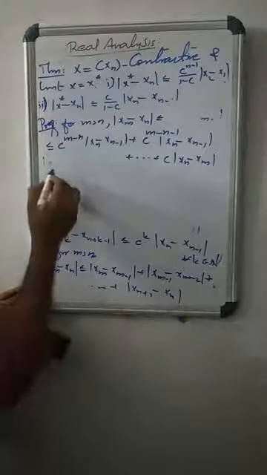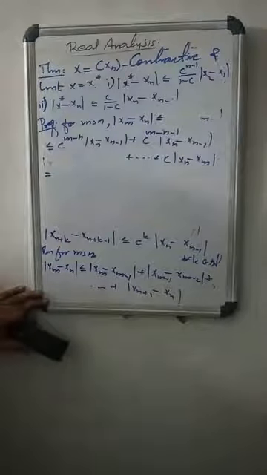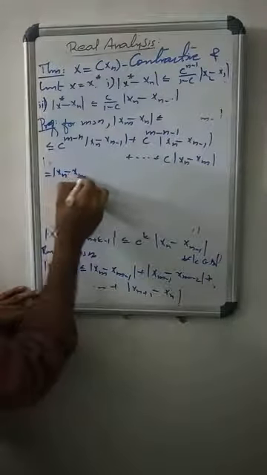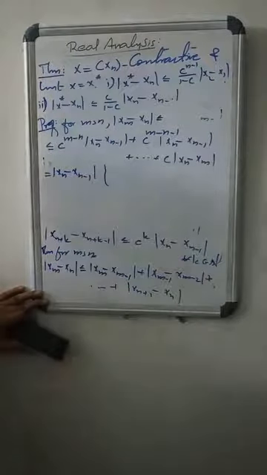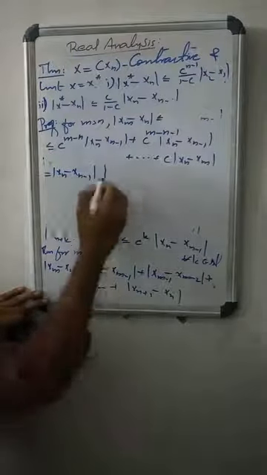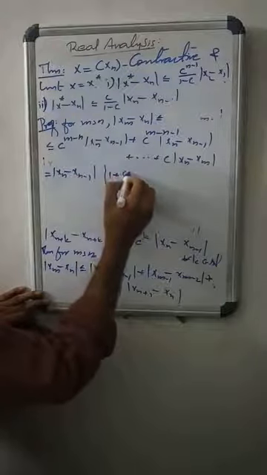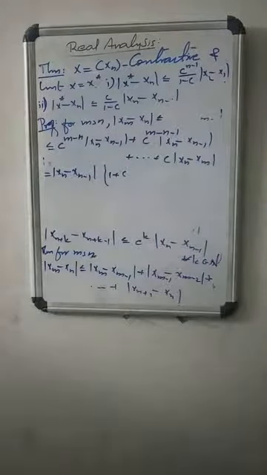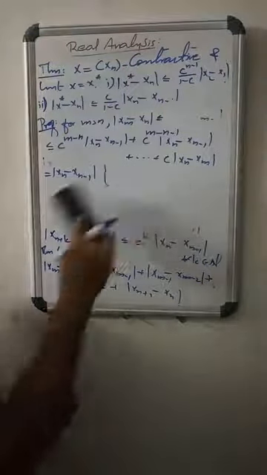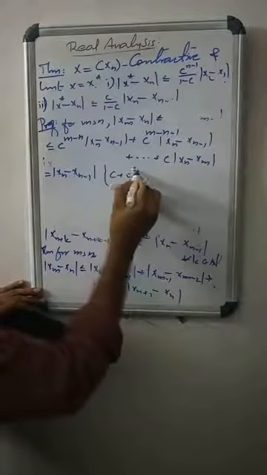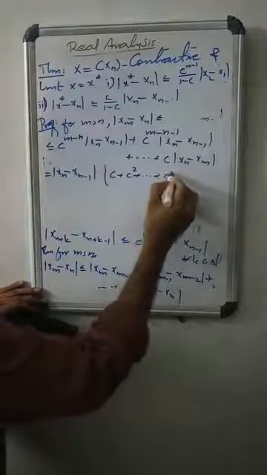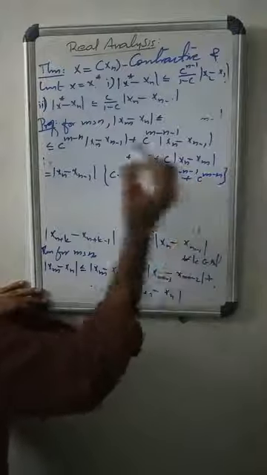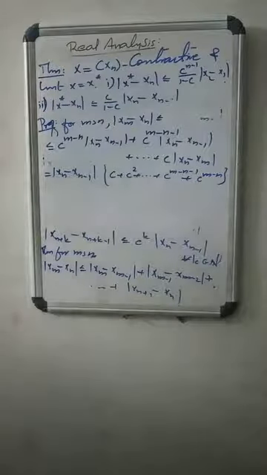Which is equal to, modulus of x_n minus x_{n-1} is common. Taken outside, it remains c plus c squared plus etc. plus c^{m-n-1} plus c^{m-n}.